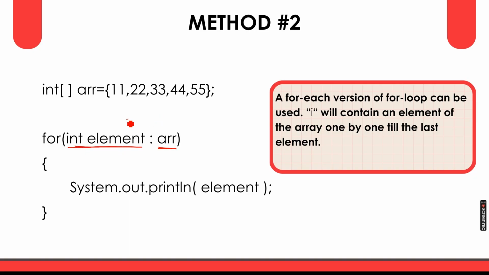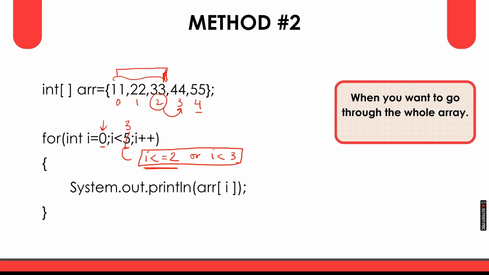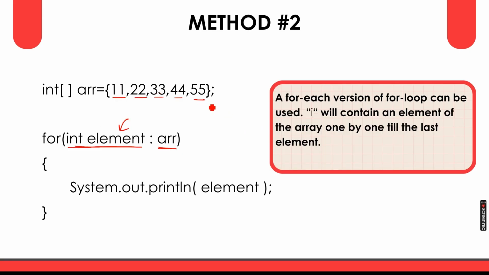So this element variable will one by one store all these elements. It will store the elements, not the index numbers. Remember that. In the normal for loop, the iterator stores the index numbers, but in this version of the loop, the iterator stores the actual element of the array and prints it on the screen.